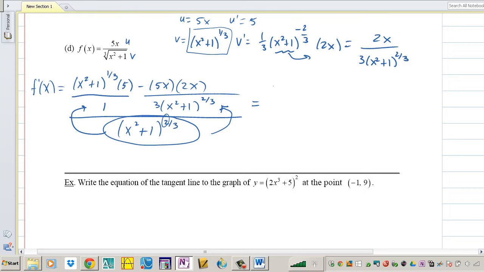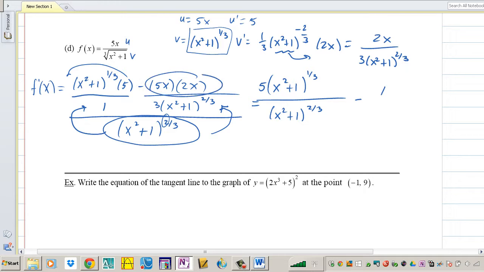So it's going to be x squared plus 1. Well, let's bring the 5 to the front, right? 5 over x squared plus 1 to the 1/3 minus, now this becomes 10x squared over 3.